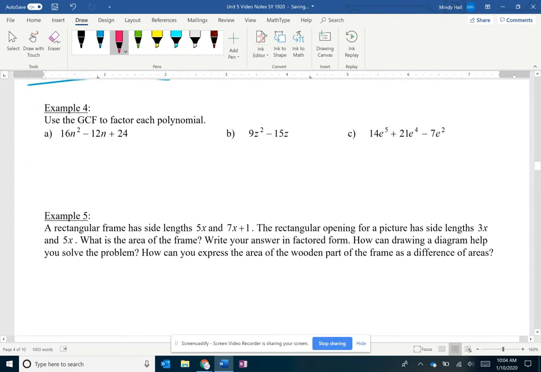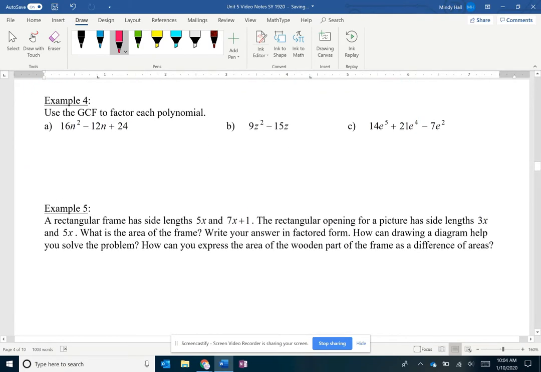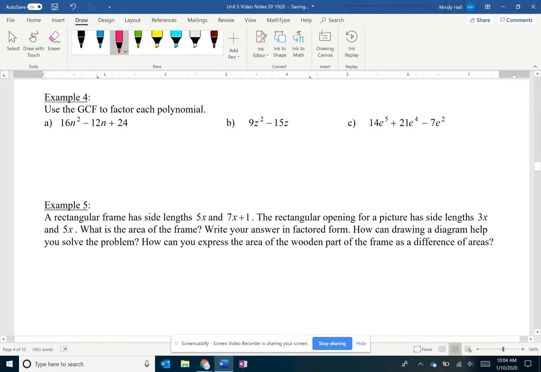So we are going to use the GCF to factor each polynomial. And when we get into more difficult factoring, you're going to want to always check for your GCF. So looking at 16n squared, negative 12n, and 24, we can take out, let's see, from 16 we can take out a 4, and we can take a 4 from 12 and 24.